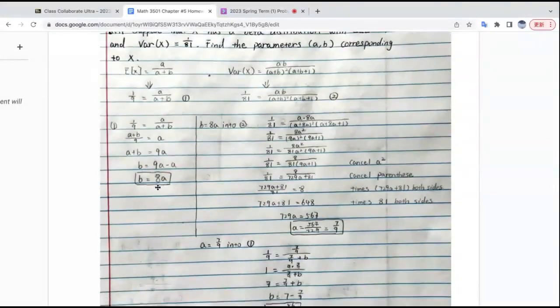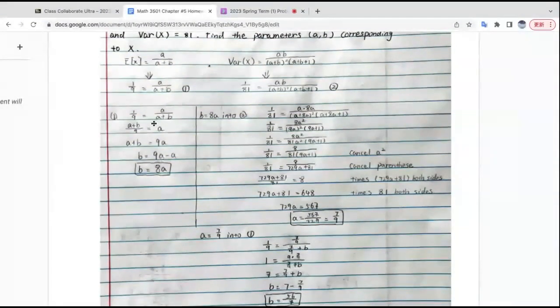First, in equation 1, I multiply a plus b on both sides, then we get a plus b over 9 equal to a, then multiply by 9 on both sides, which gives a plus b equal to 9a. So minus a on both sides, b is equal to 8a.